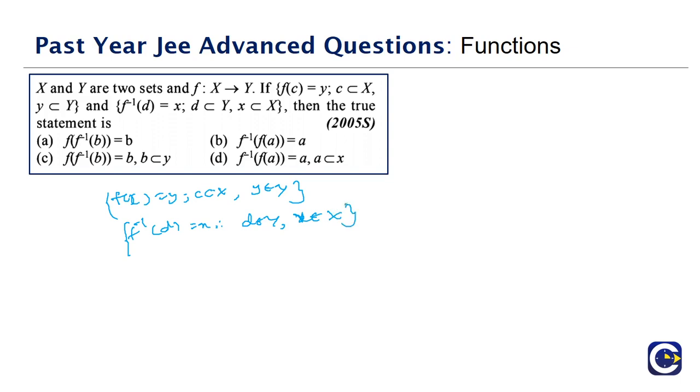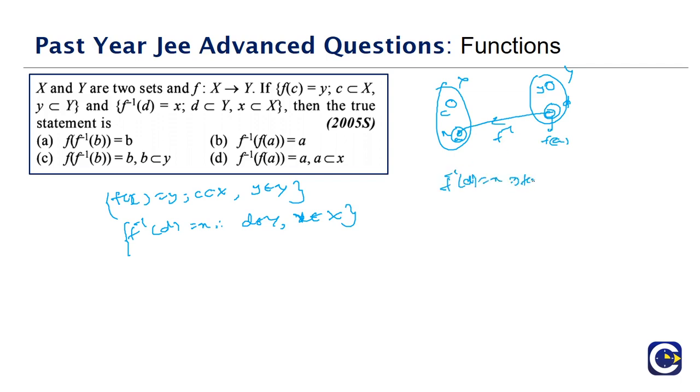So if you consider this, the pictorial representation of the given data can be drawn like this. So this is X, this is Y, this is c, this is x, and this is a, this is y, this is d, and this is f of a. So if you consider this is f inverse, f inverse of d is nothing but x, which implies f of x is equal to d.